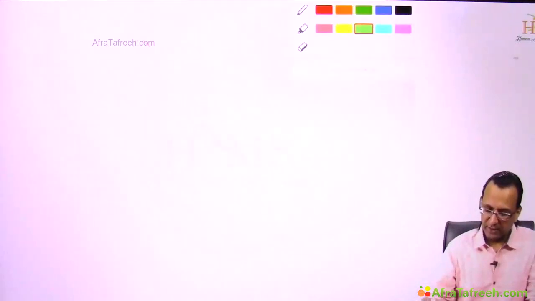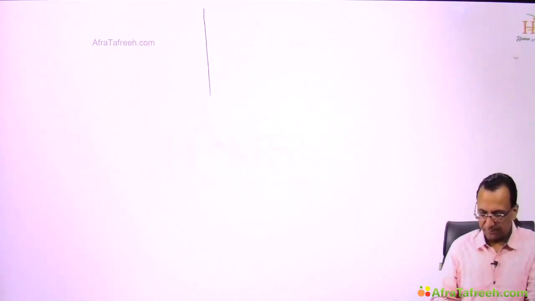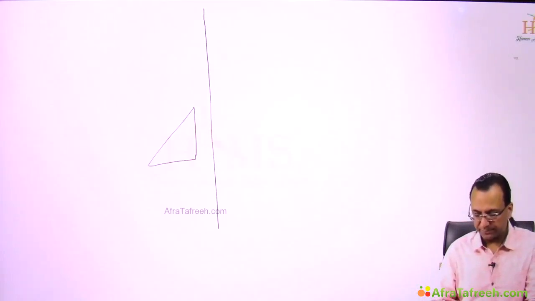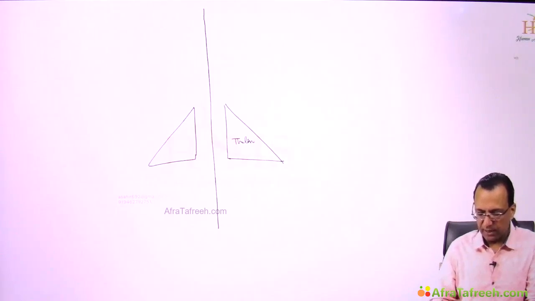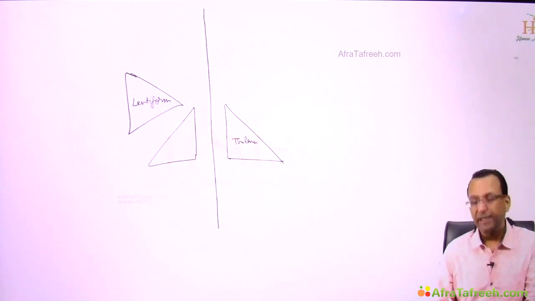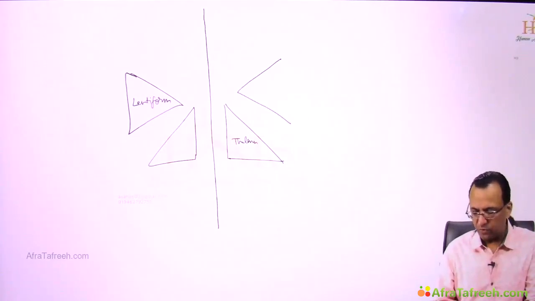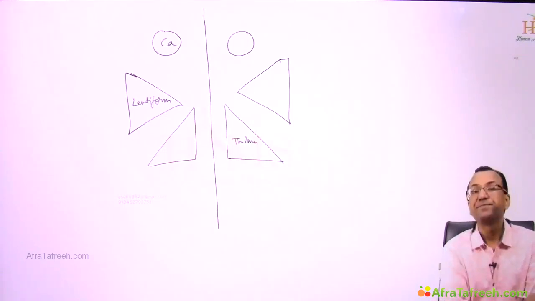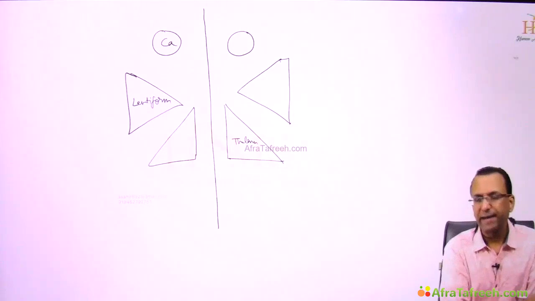This is the midline of the body, and that is the thalamus on each side. And we already have described that there will be the lentiform nucleus, which is anterolateral to the thalamus. And with this lentiform nucleus, there will be a caudate nucleus anteriorly. So this kind of orientation you already have.